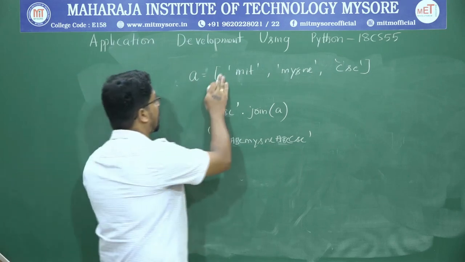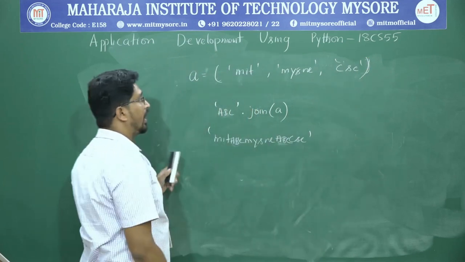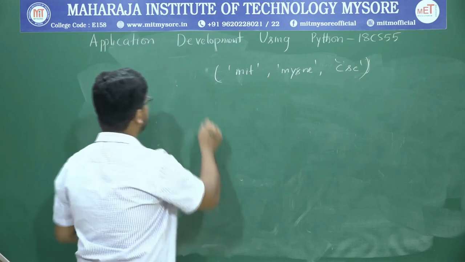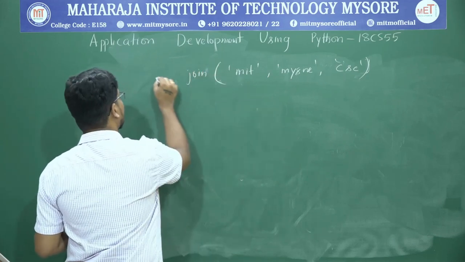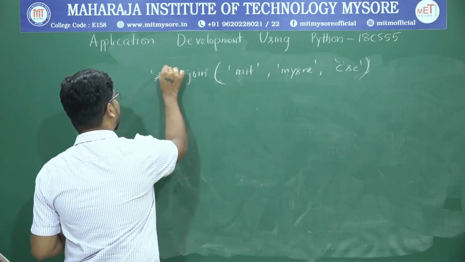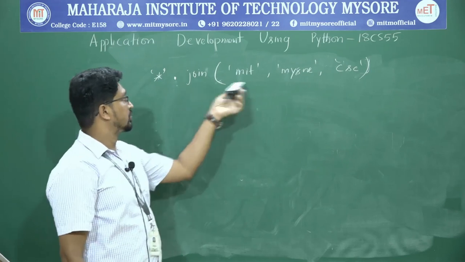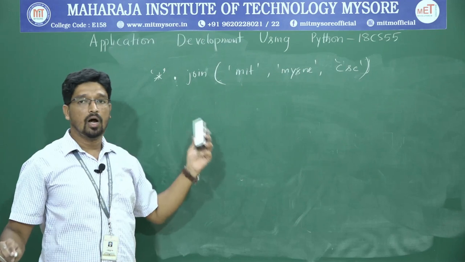It can be a list or a tuple, or you can pass this whole string as a parameter. If you say star dot join, then MIT star Mysore star CSE will be the output.